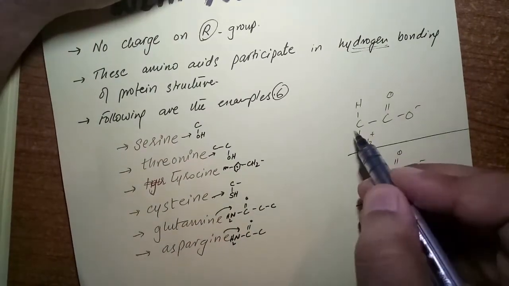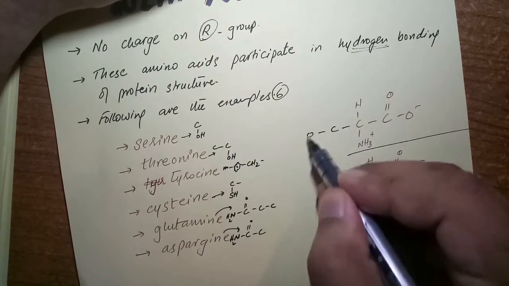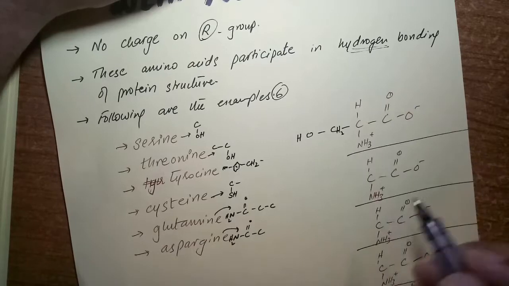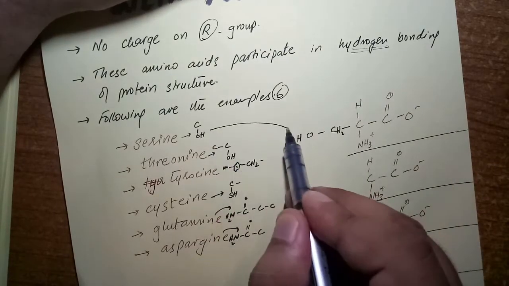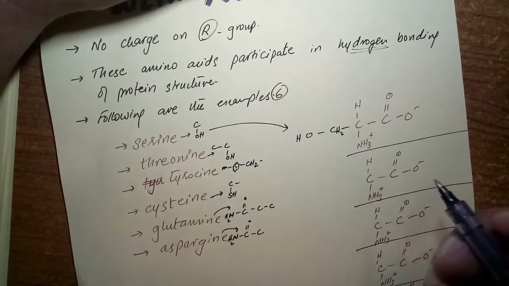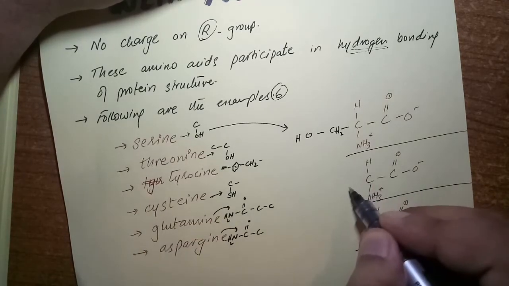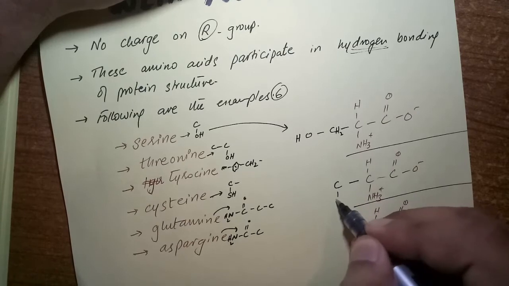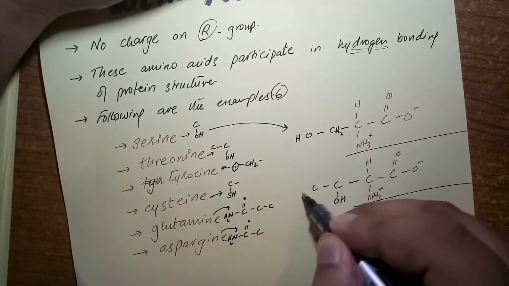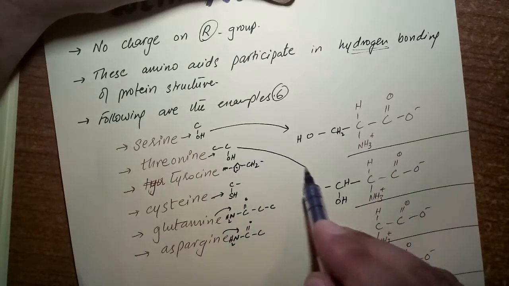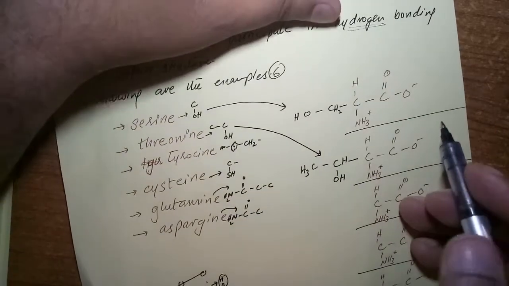So let's go ahead, and we're going to place a carbon and OH over here, and we're going to place two hydrogens. This becomes serine. And if we have threonine, we place some carbon here, then the OH group over here, and another carbon over here. So this becomes threonine.